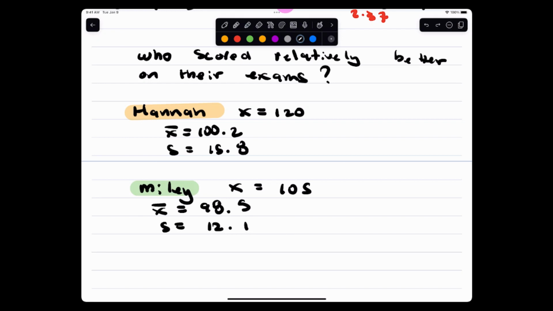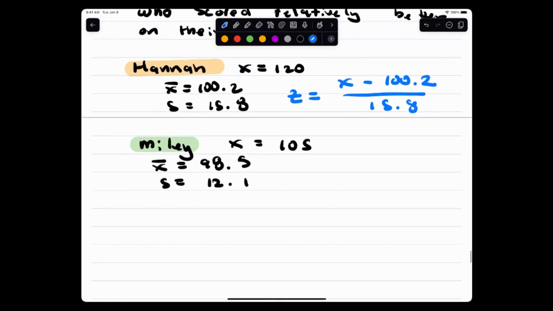So you're going to have z equals x minus the mean, 100.2, over 15.8. And z equals x minus 98.5 over 12.1. I'm going to have you guys try this out as I look something up really quick.